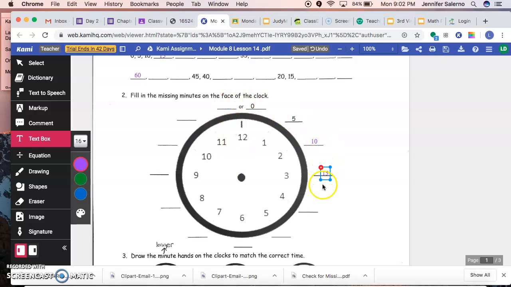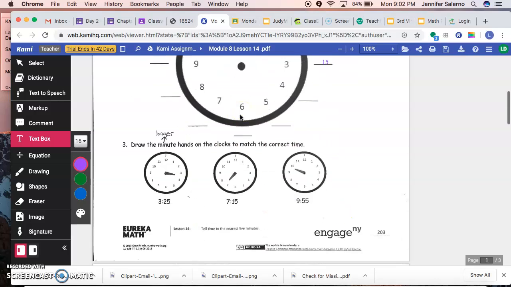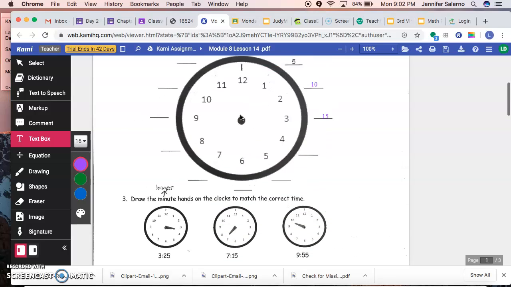So you can come back to look at this because everything will already be written when you need to do it. Now up here it's saying that it could be a 0, which we already know because you're starting at the 0, or it's also telling us the total number of minutes in the hour, okay? So you should figure that out as you go around. Now this is the first thing that you have to do.